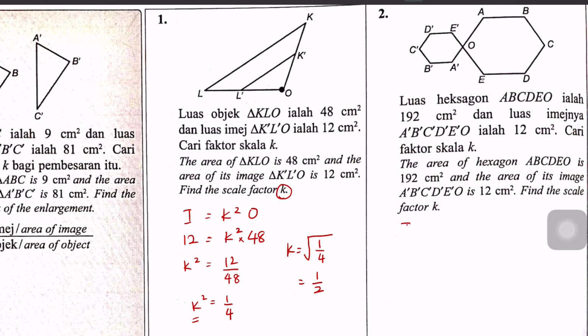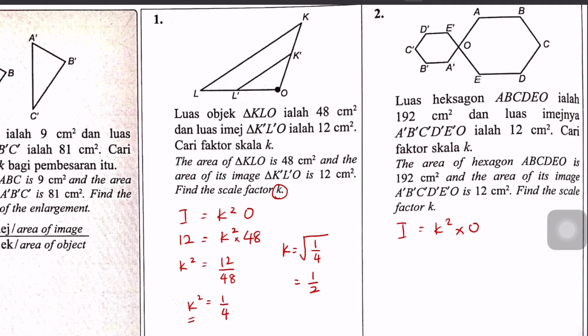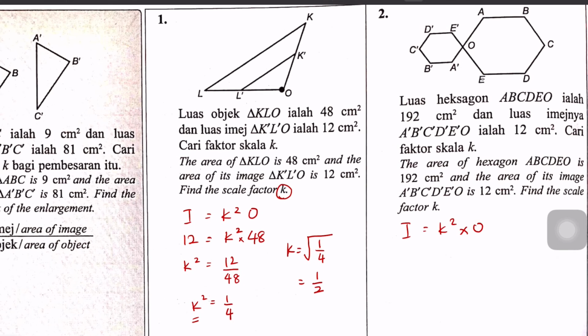Let's do number 2. Same, image is equal to k squared times object. The area of a hexagon is 192. Area of image is 12. So image is 12, k squared, object is 192.